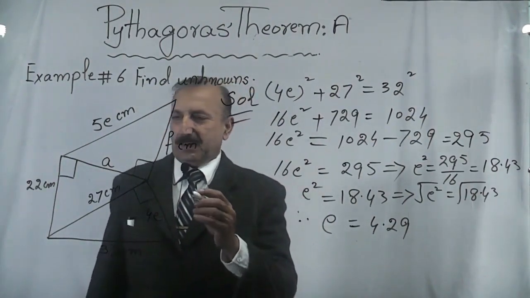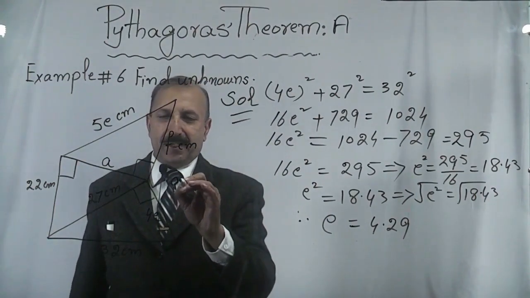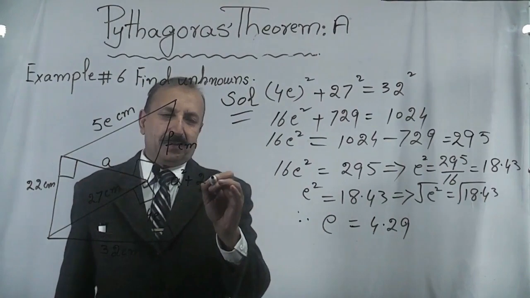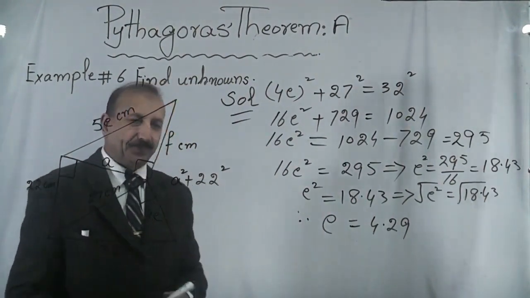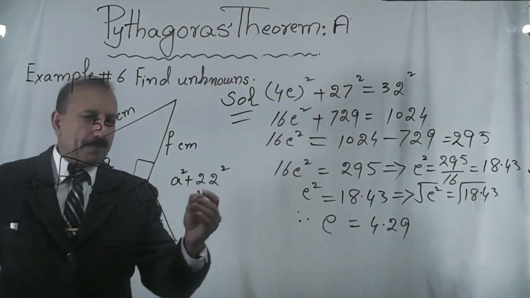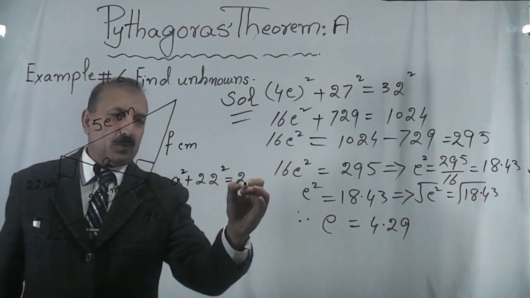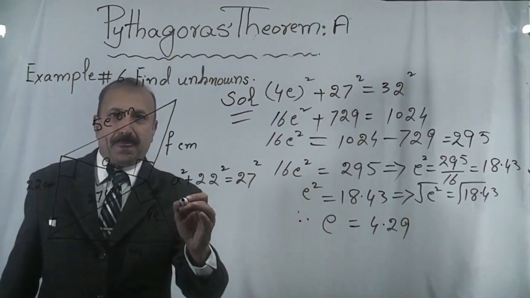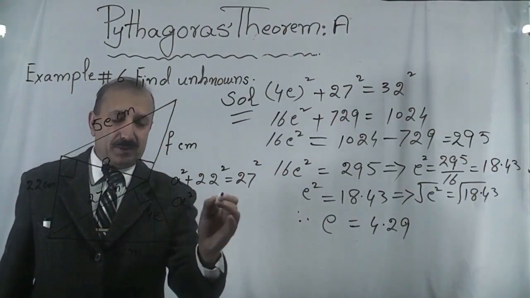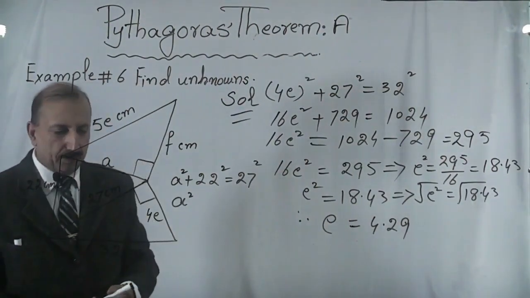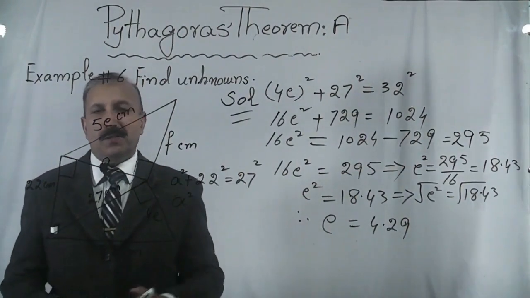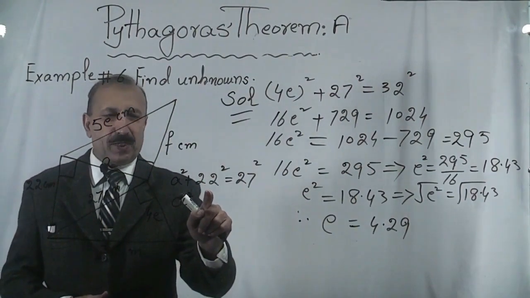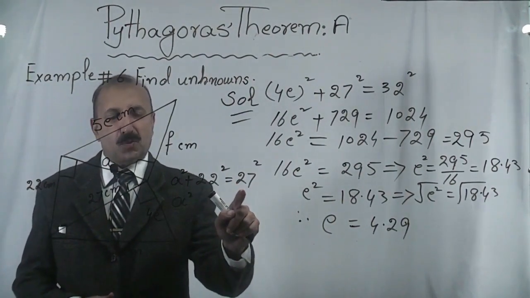Alright, so a, which is the leg of this triangle: a square plus 22 square is equal to 27 square. This is a square plus 22 square is equal to 27 square.